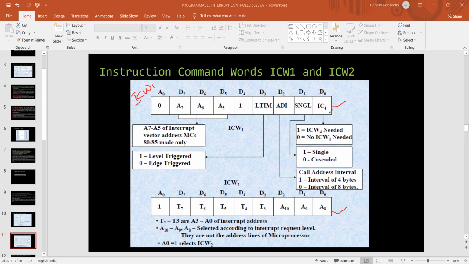If the D0 bit of ICW1 is 1, you are telling the 8259 that it requires ICW4. If it is 0, it is stating to the 8259 that I don't require ICW4.